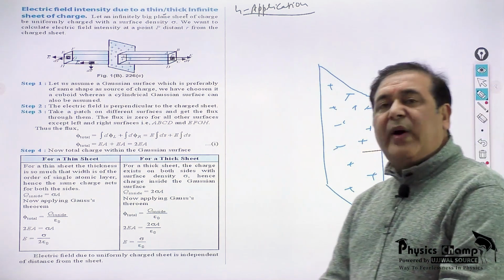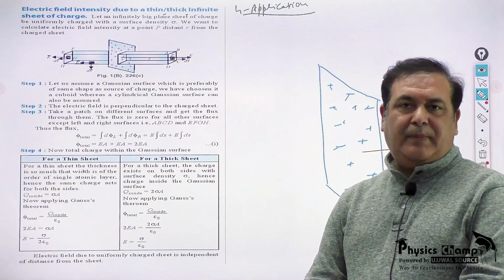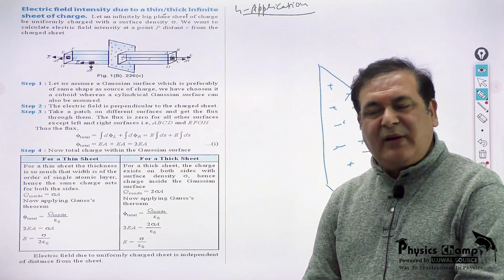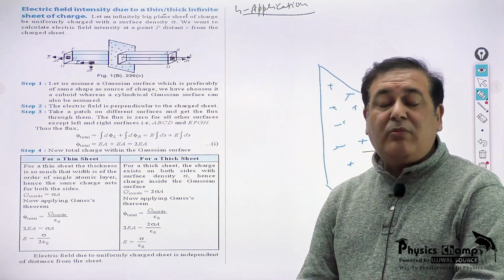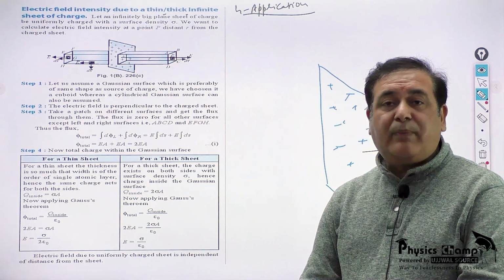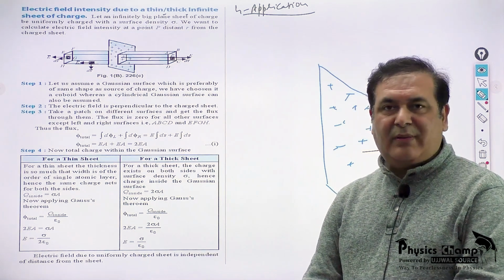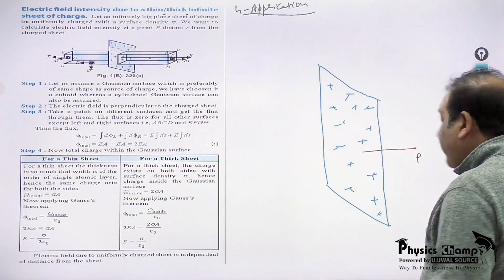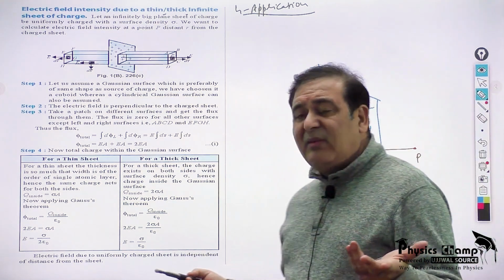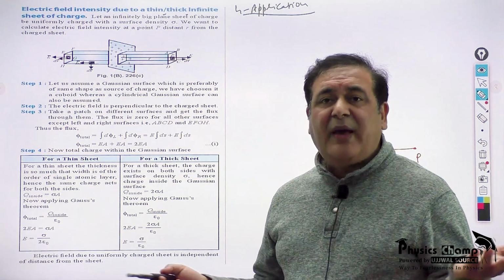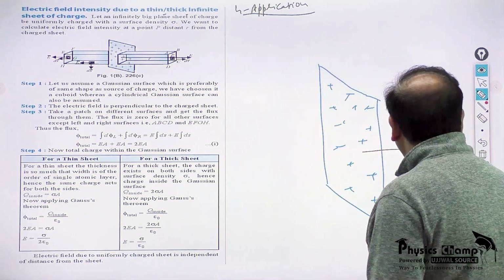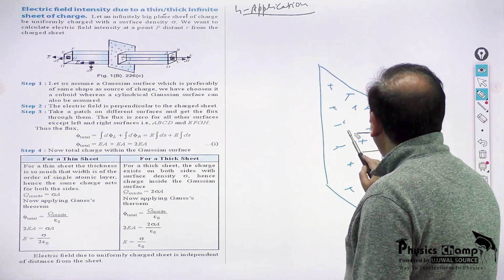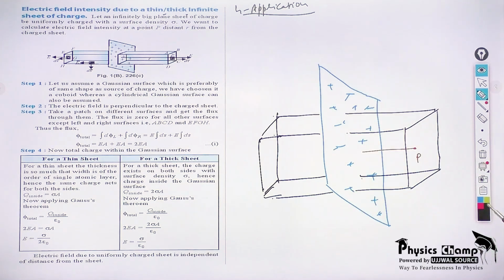In order to find the electric field at point P, the first thing is to assume a Gaussian surface such that point P lies on it. Preferably the shape of the Gaussian surface should be same as that of the source charge. So I am taking a Gaussian surface which is somewhat a cuboid over here, such that point P lies on it.